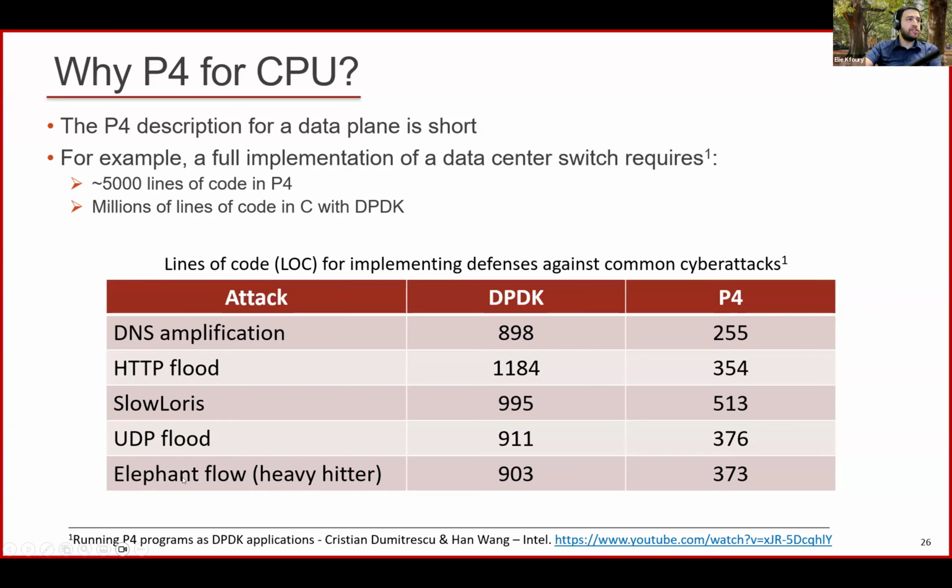You see here are also some attack defenses that are implemented in DPDK and in P4. P4 is much smaller, even though these numbers look a little bit small here for DPDK, but in reality, when you start adding other functions, these numbers start growing really rapidly.